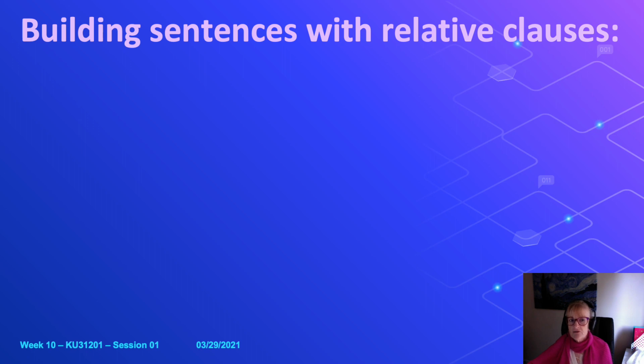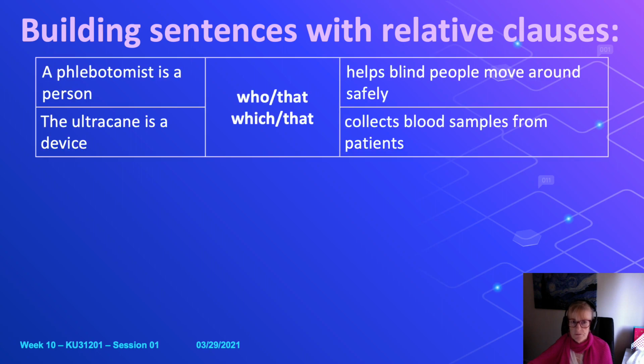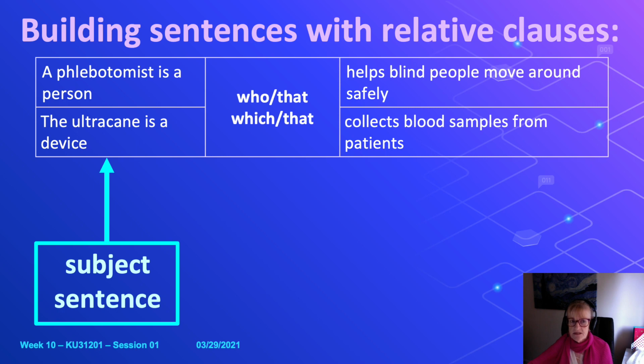So now we're going to have a go at building some sentences with relative clauses. This is an activity I would like you to do, but we will go through a couple of examples first so that you know exactly what you need to do. So what we have here is our subject sentences. There's two of them. A phlebotomist is a person, and the second sentence says the ultracane is a device.